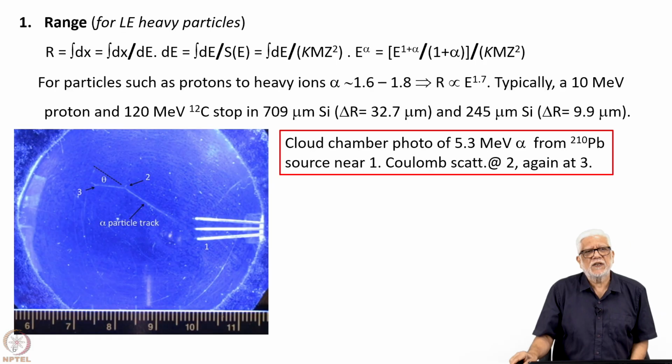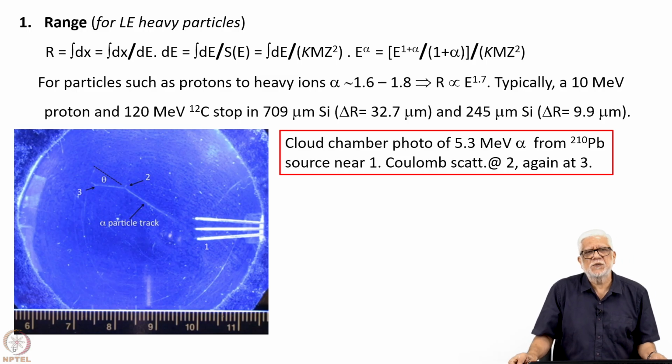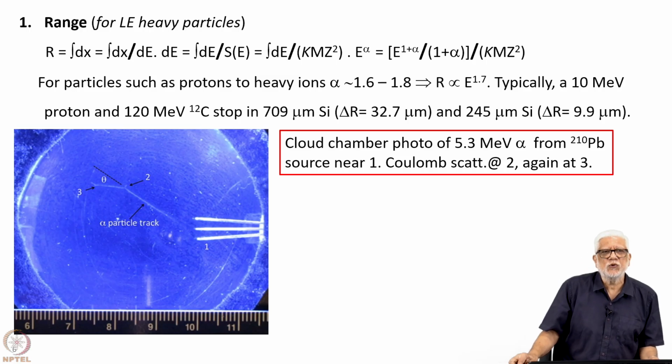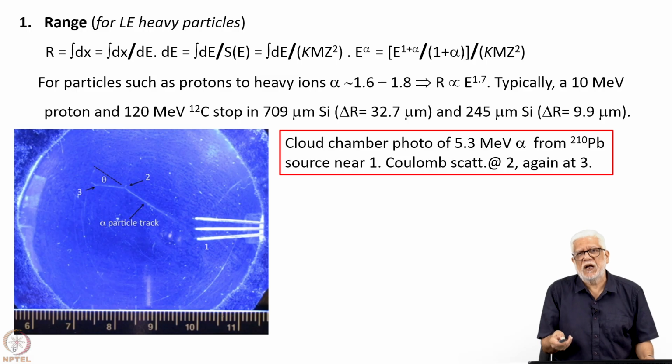So okay, as far as range goes, now as I said, this is true of course for energies below 400 MeV per nucleon or so. So for low energy heavy particles, the range is basically just an integral over the stopping power. So it's dE by S of E, and if you take out the constant k, then the leading dependence is just E to the power of 1 by alpha.